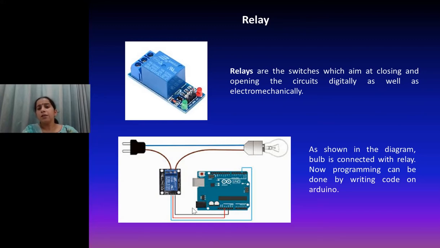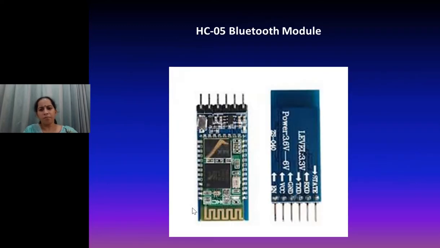That means for any additional functioning, accordingly you can add the components as per the requirement. This is my HC05 Bluetooth module. Arduino is not capable of communicating with Bluetooth directly, so an extra module is required. In the demonstration that I have given at the end of this lecture, I have used this module.